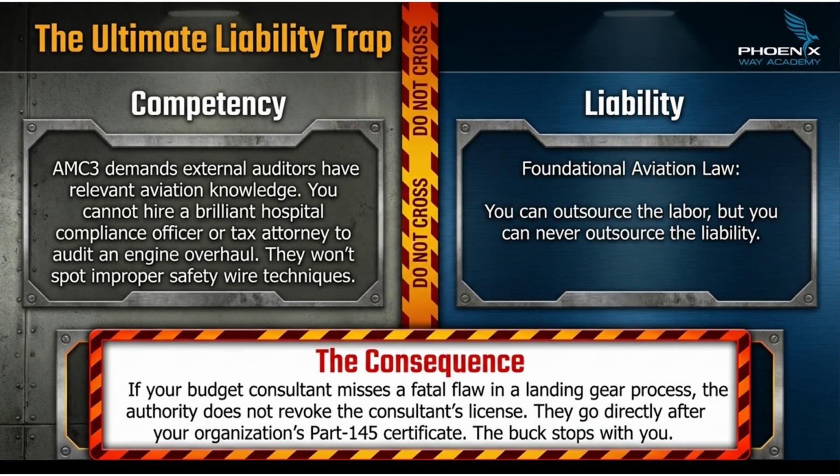Which means you cannot just bring in a brilliant financial tax attorney or a hospital compliance officer to audit an engine overhaul shop. They wouldn't even know what to look for. Exactly. If they don't understand aviation maintenance, they won't know that a specific safety wire technique is totally wrong.